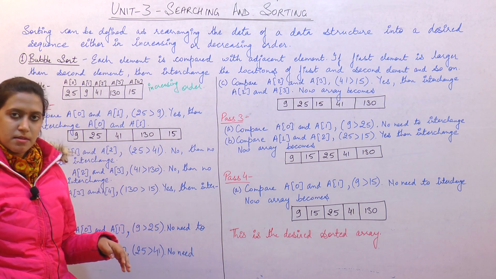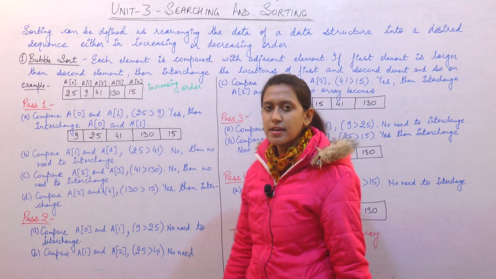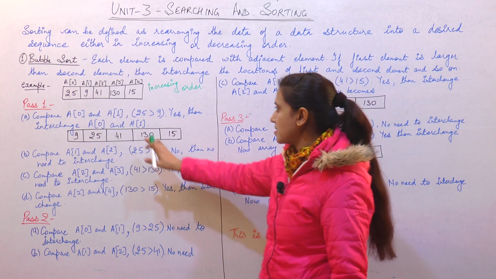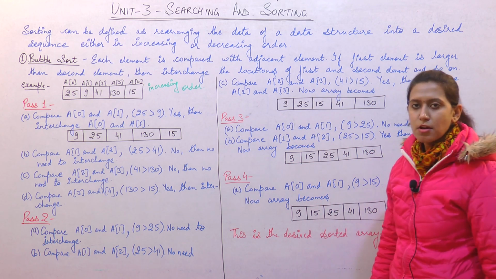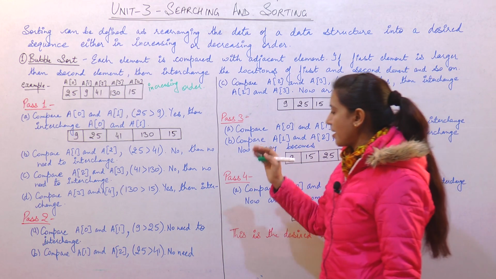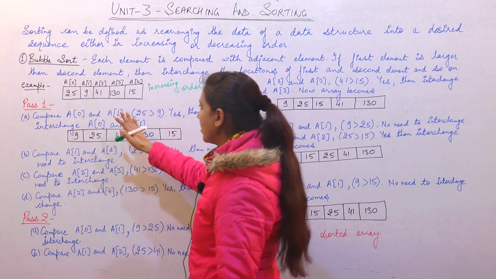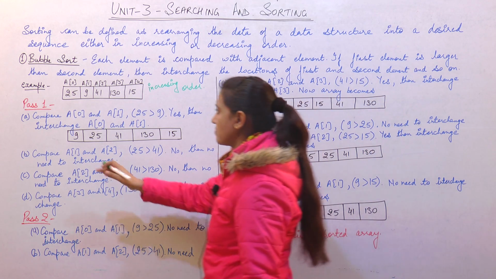Then in the next pass we will again compare the elements, and in the second pass we will get the second largest element sorted at its proper location. Similarly, after all the passes we will get a sorted array at the end. So let's start with pass 1.